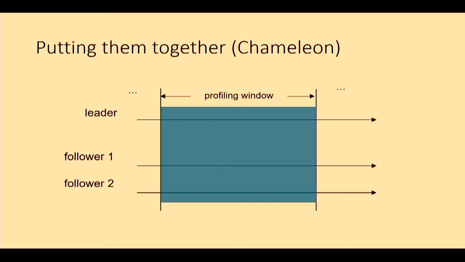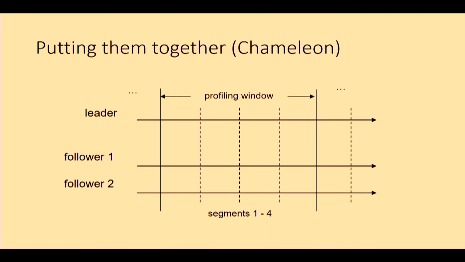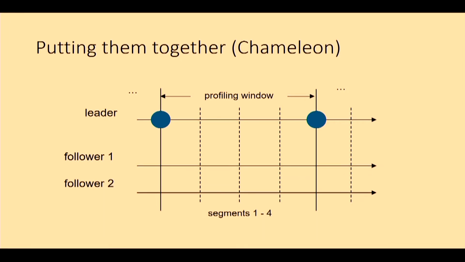So the first idea is temporal correlation. Let's apply that. In order to do this, we're going to take that profiling window and split it up into segments, okay? And then we're going to profile only at the beginning segment of each window. So we do this full profiling at the beginning of each window, and we take the top K configurations from that and pass them on to the next segment, so that the subsequent segments only have to do very lightweight profiling on just these top K configurations.